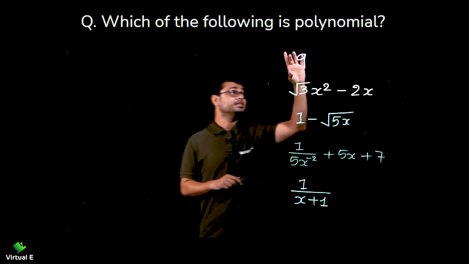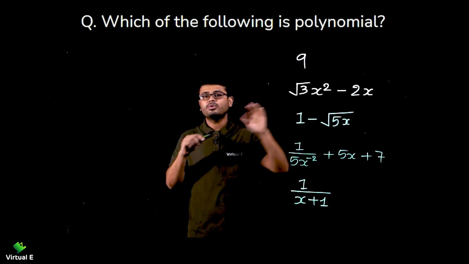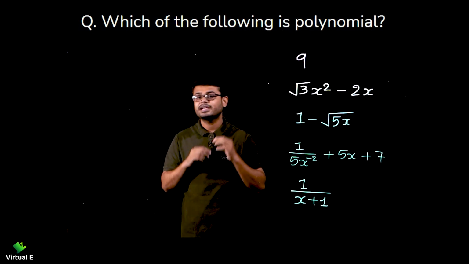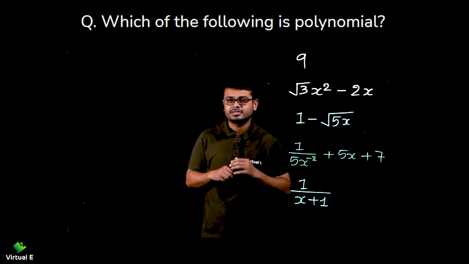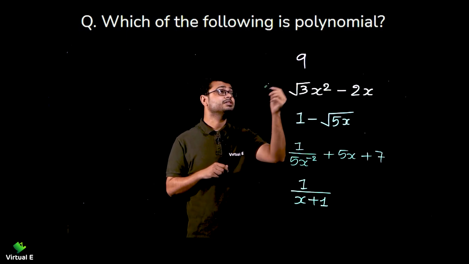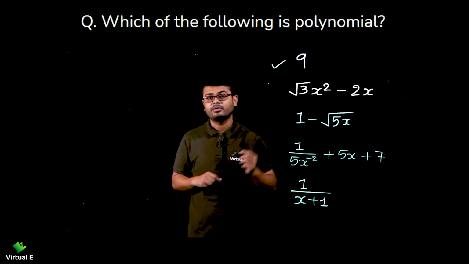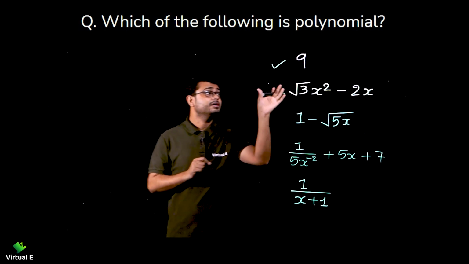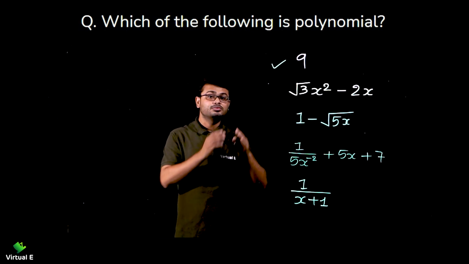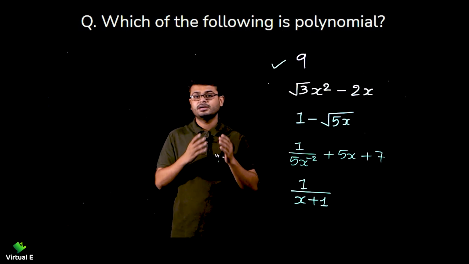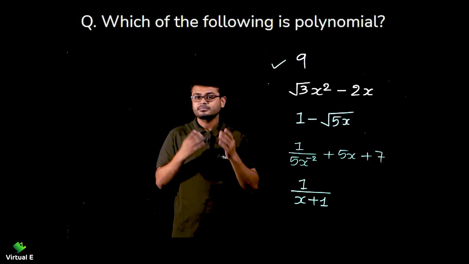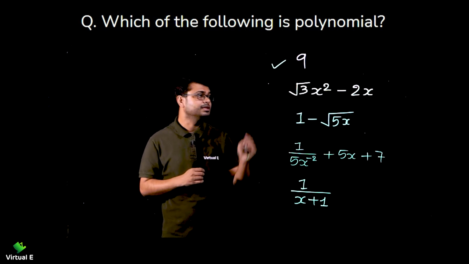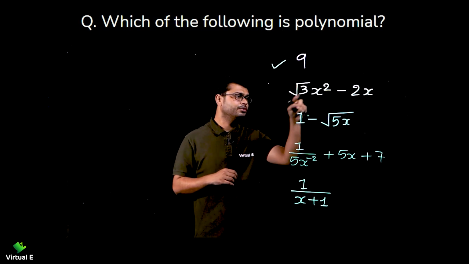Now see, there is no variable over here, right? So we don't have any problem. There is no chance to get negative or fractional powers of the variable. So we will consider this as a polynomial. Remember, why are we considering it a polynomial? Because here there is no variable, and to be not a polynomial, we should be having a negative power. We don't have anything like this over here. So it is a polynomial.